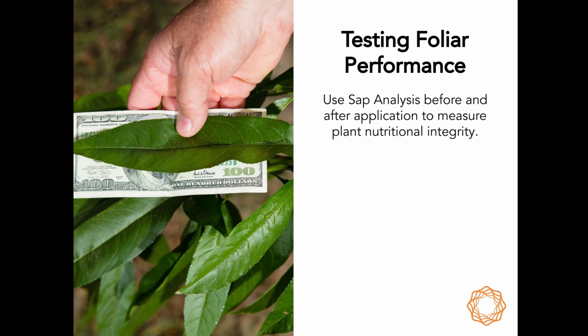So, for example, perhaps we have a crop that SAP analysis shows to be low in iron and manganese, and we put on a foliar application that contains iron and manganese. On the following SAP analysis, the iron and the manganese numbers have substantially increased, and perhaps zinc and copper and boron have also substantially increased by as much as 30 to 40%, and yet we didn't apply any.